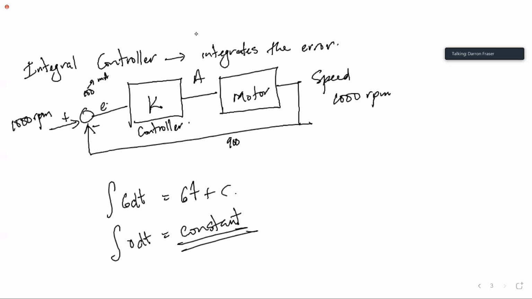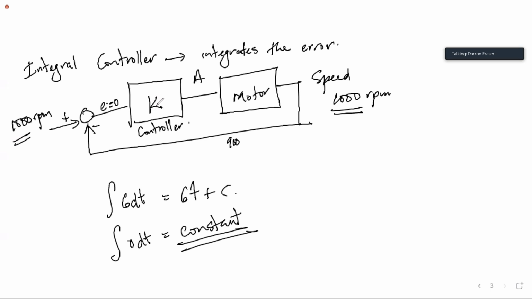Now the next question is, when you reach 1,000 RPM, that is the speed that you want to maintain, right? Because it's 1,000 we put in.